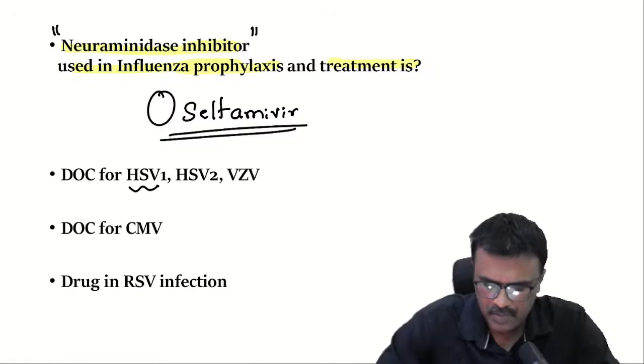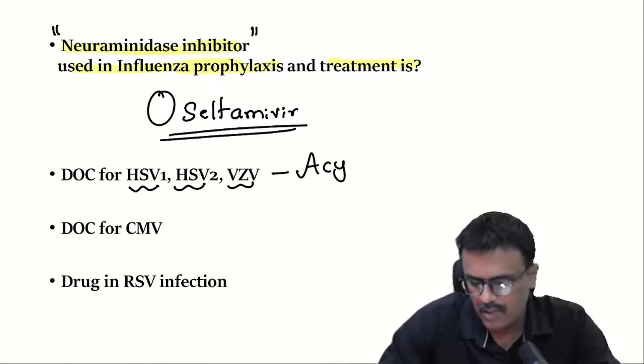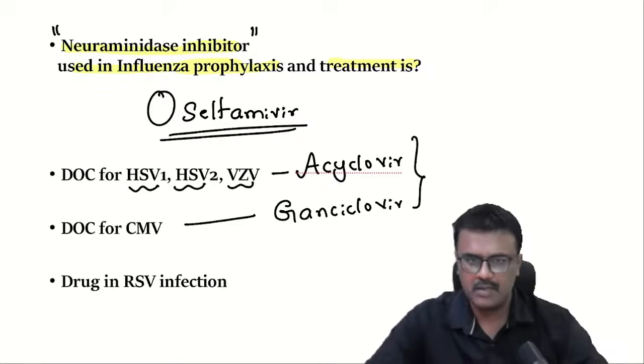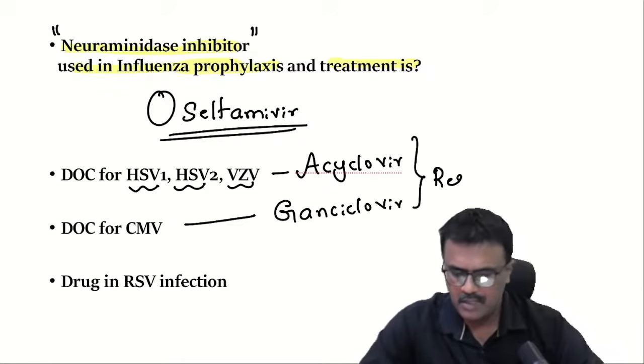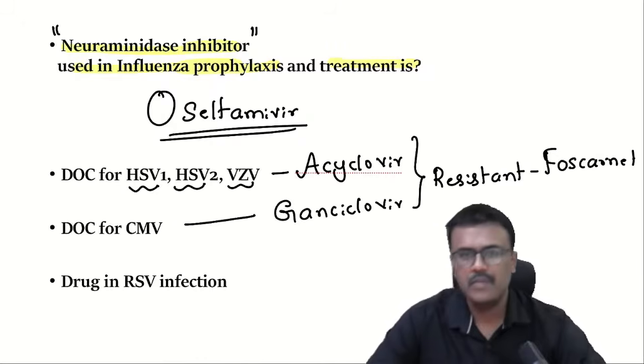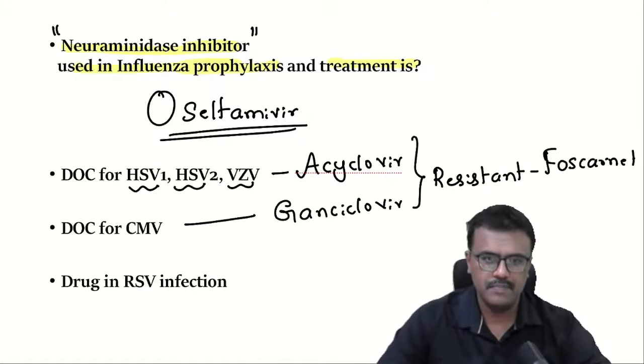Drug of choice for herpes 1, herpes 2, varicella zoster is acyclovir. Cytomegalovirus, ganciclovir. But in resistant cases, where they don't work, then we give a drug called foscarnet.